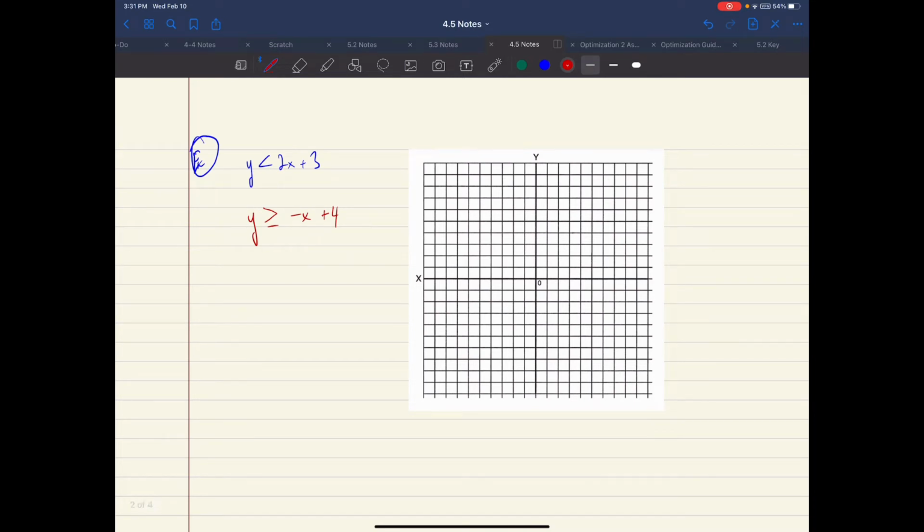This will get repetitive because these are all pretty much the same thing. We're just going to graph the lines, shade the regions, look at where they intersect, and that's the solution region. So y is less than 2x plus 3, I'm going to go to 3, apply a slope of 2. Okay, draw my line.